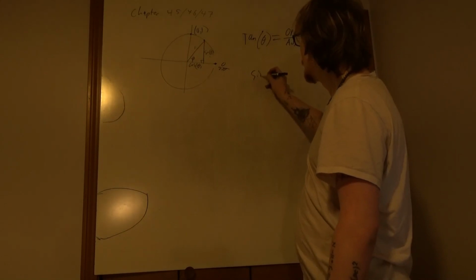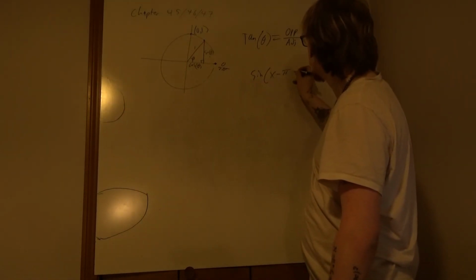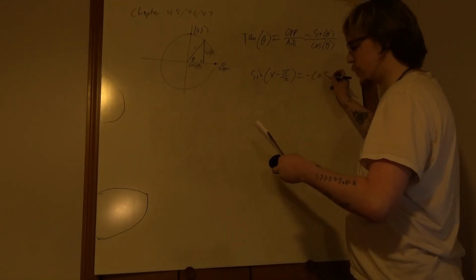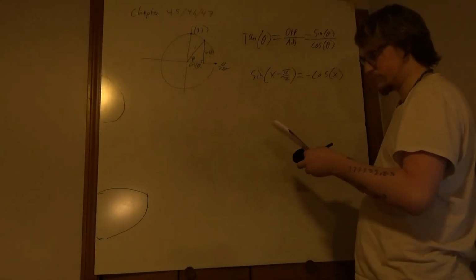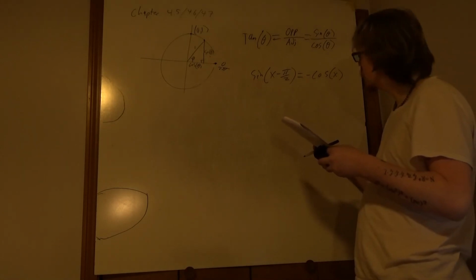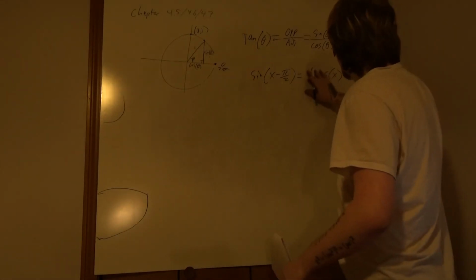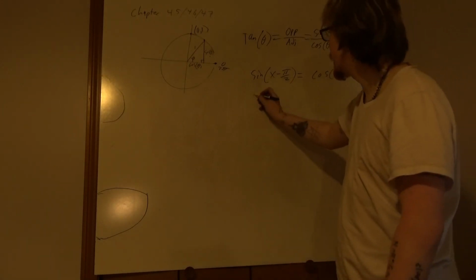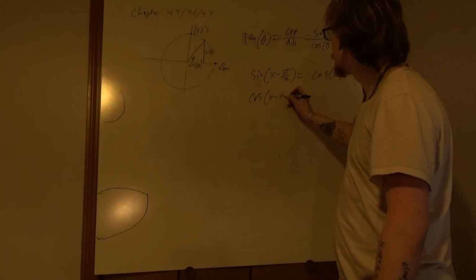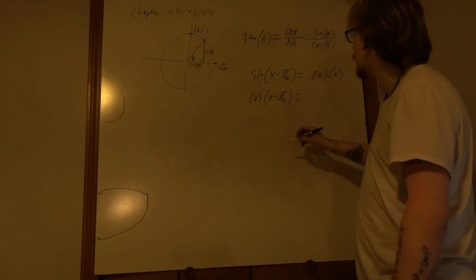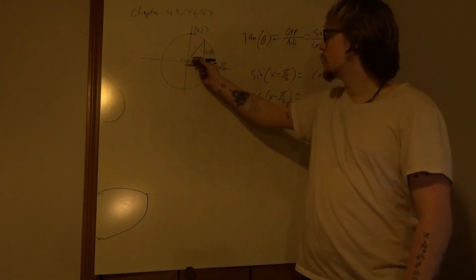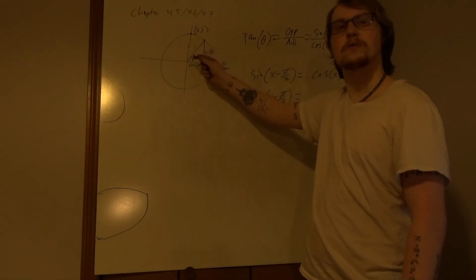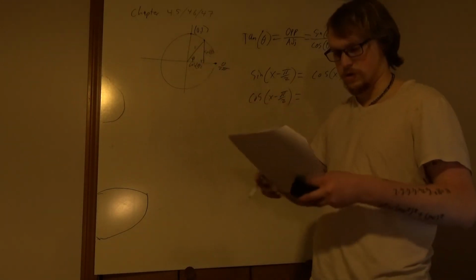So like sine of x minus pi over 2, this is equal to negative cosine of x. Did I get that right? No, I did not, because I forgot. So sine of x minus pi over 2 is cosine of x. And cosine of x minus pi over 2, this one is going to be taking cosine and doing minus pi over 2, so it's going to rotate it by that.